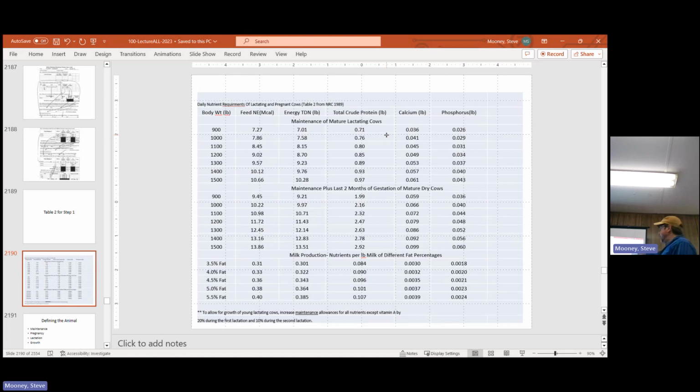So we're looking at maintenance for mature lactating cows. So animals that are not growing, not pregnant, not milking, not gaining or losing condition will be in this category. We're not going to have many of those lactating or maintenance rations in and of themselves. We'll be combining them with other things. So you got maintenance plus the last 2 months of gestation.